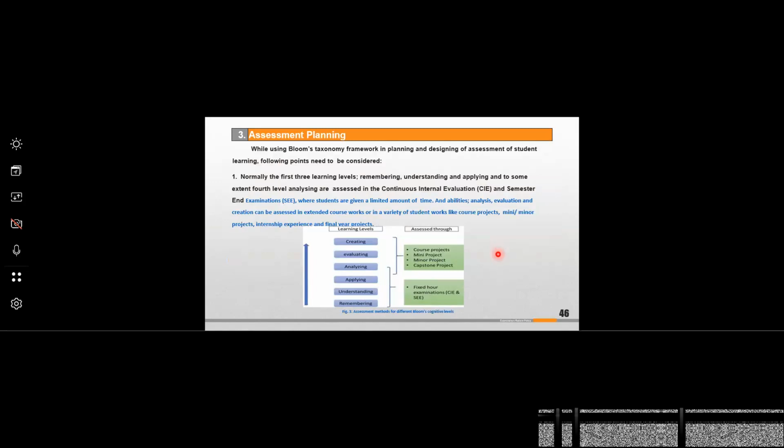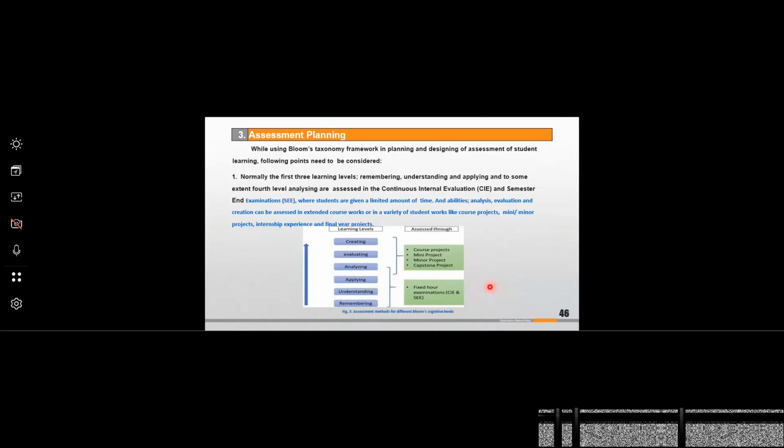The first three, and of course the fourth one also, we use for course creating, evaluating, analyzing. We generally use this for our course projects or mini projects or minor projects or capstone projects. And the rest, like remembering, understanding, applying, and also analyzing, as I said, the first 4 levels we can use in our continuous internal evaluation.